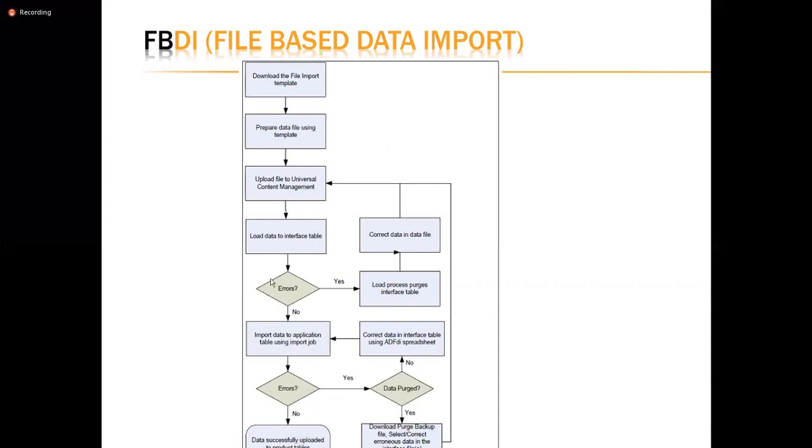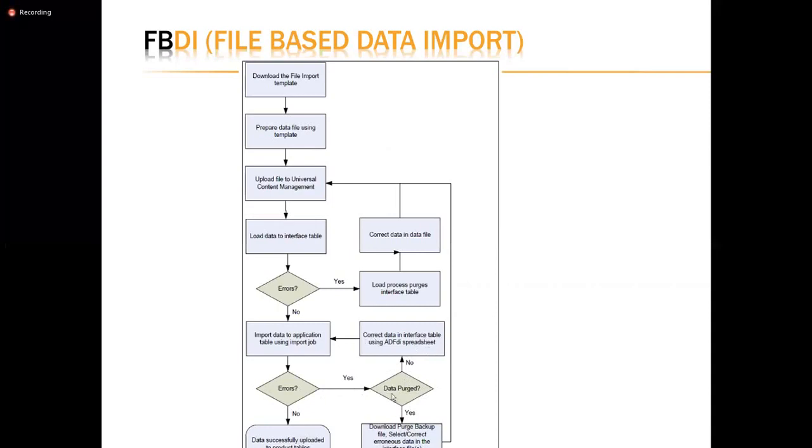If any errors are there, we correct the data file, load it again to Universal Content Manager and repeat. If no errors, we import data into the application table using the import job. If there are any errors, we can correct the data in the interface table using the ADFDI spreadsheet.